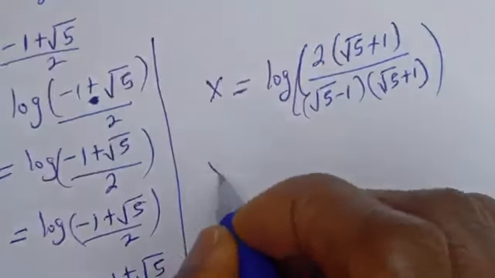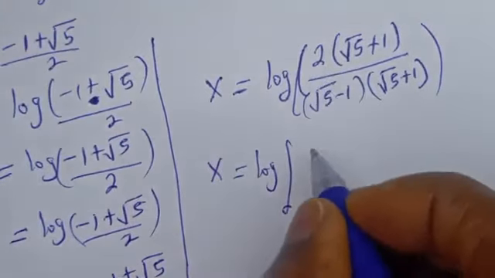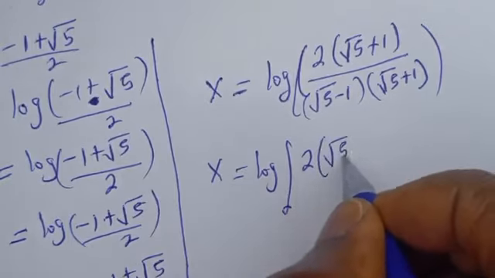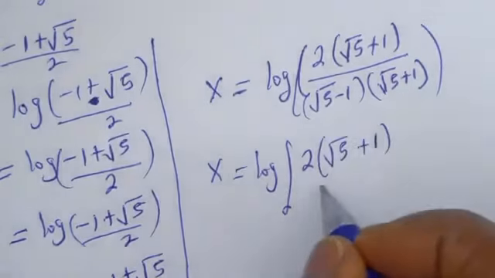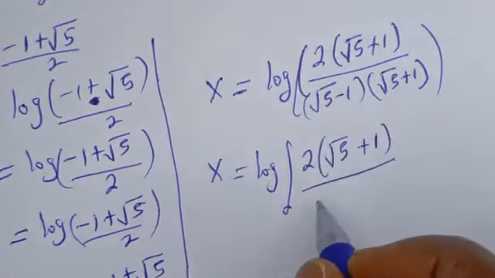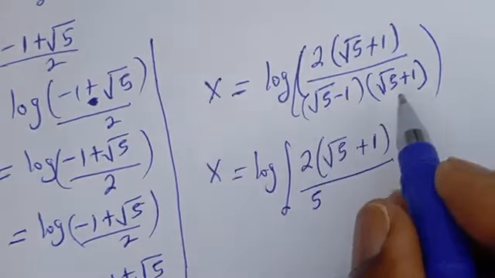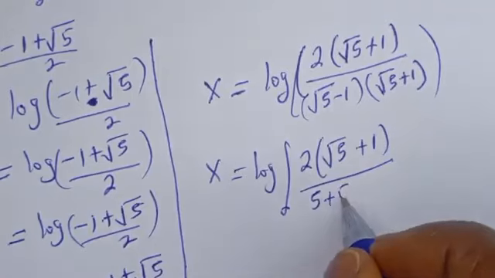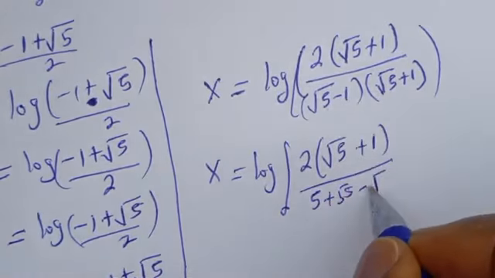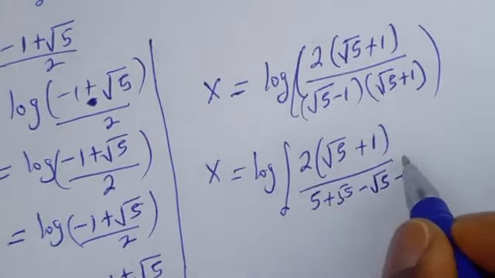Then s is equal to log of 2 bracket root 5 plus 1 divided by, if you multiply this, root 5 times root 5, this is 5. Then root 5 times 1, that is plus root 5, minus 1 times root 5, that is minus root 5, minus 1 times 1, that is minus 1.